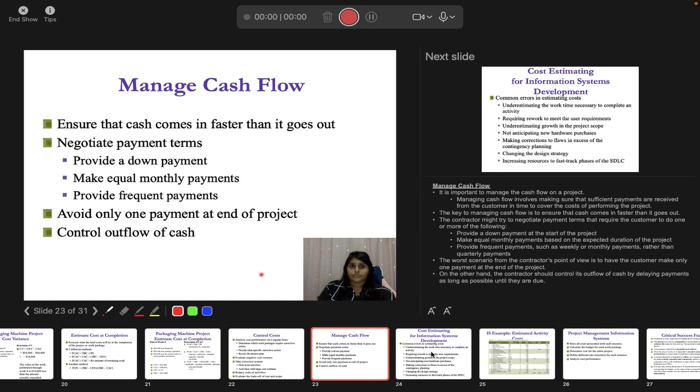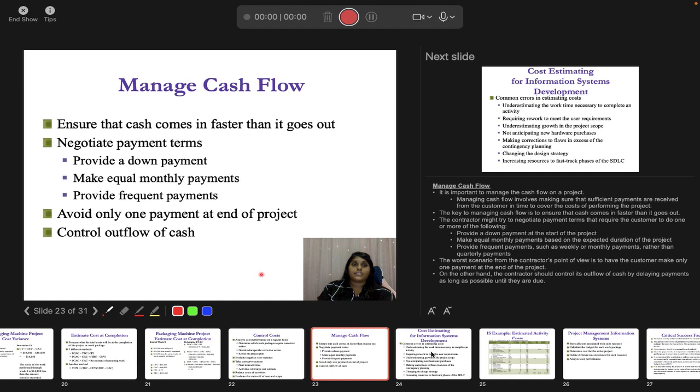And you negotiate your payment terms. Your payment terms should not be way too much. 30 days, 60 days, you need to reduce it to 15 days or 7 days, so that you will have your cash in hand. You don't want to borrow somewhere else, you don't want to have loans and all that, you want to manage the cash that you have.